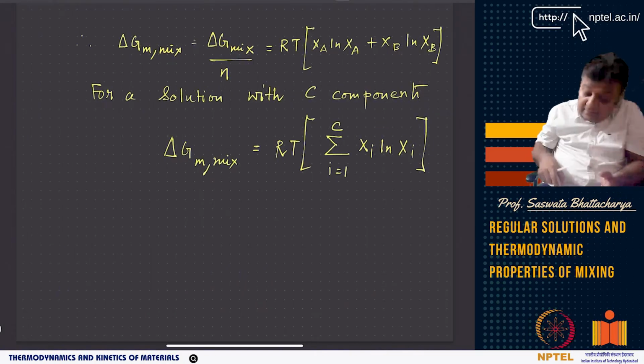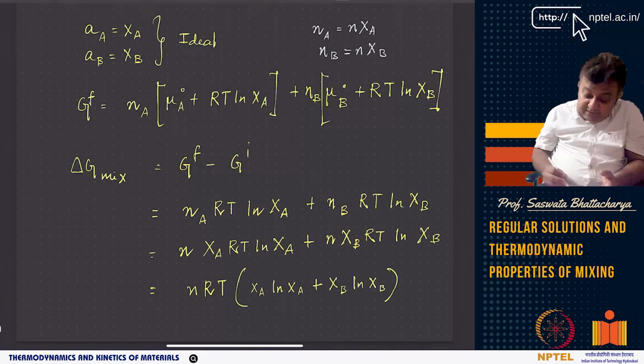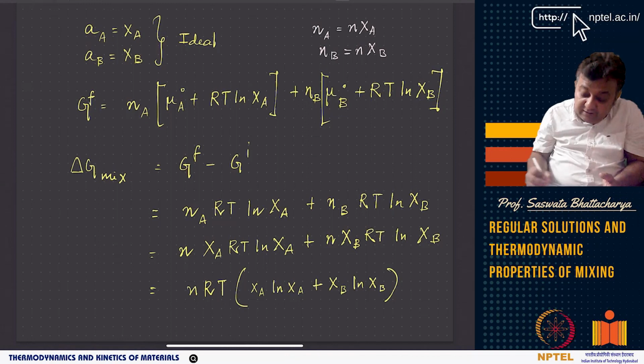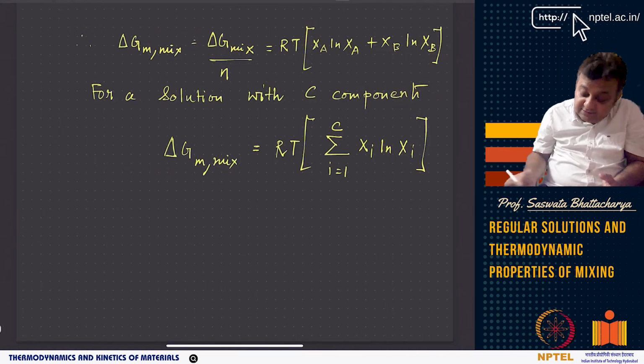So basically delta G mix becomes N RT (XA ln XA plus XB ln XB). When you have an ideal solution, that is what you get.